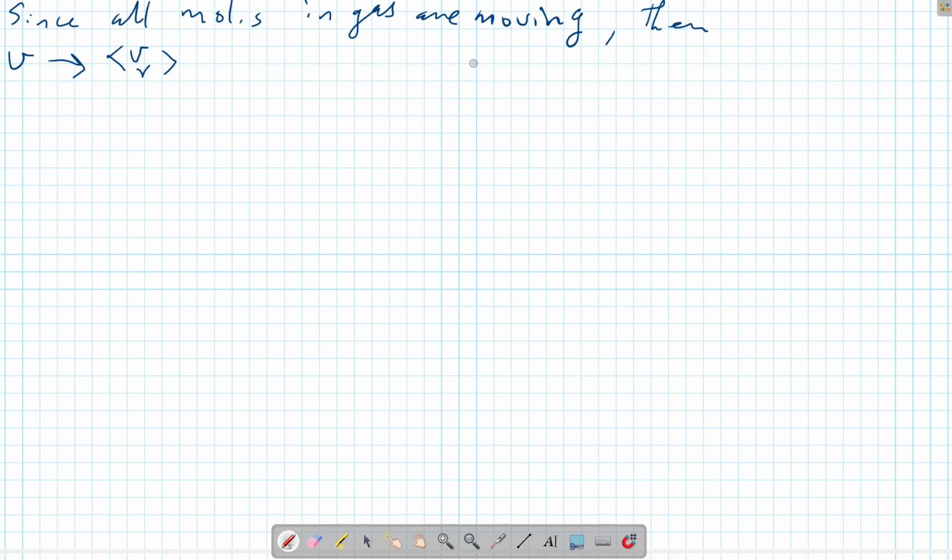So we consider two molecules at a time, and the relative velocity between them is Vr, where Vr is the relative speed between molecules.